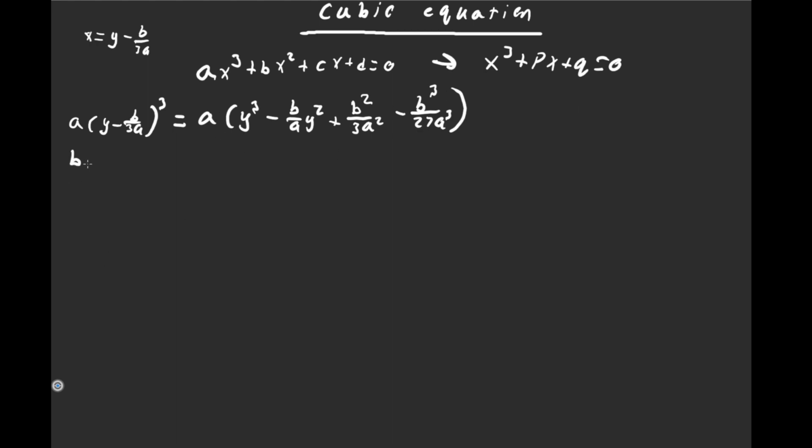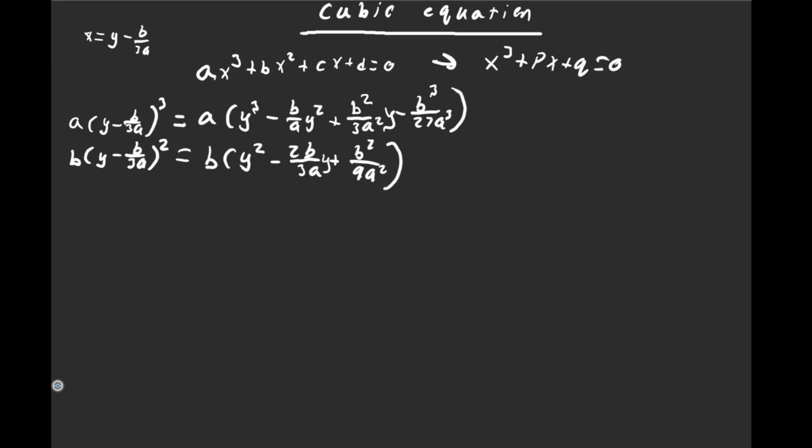Next step, after we're done simplifying, the square term over 3a squared is equal to b times y squared minus 2b over 3a plus b squared over 9a squared. Pull out the y here and up here as well.